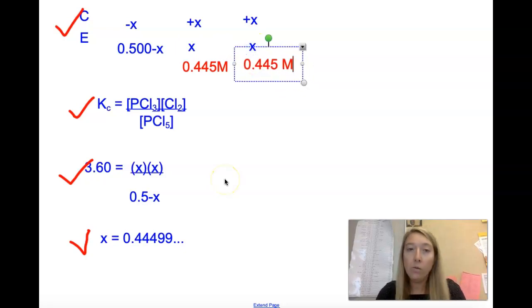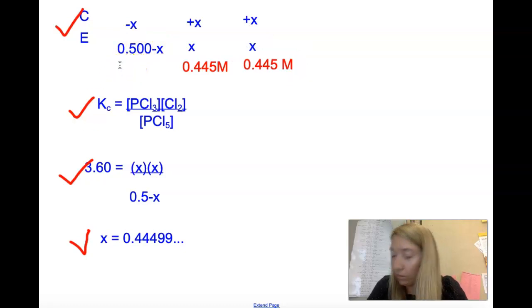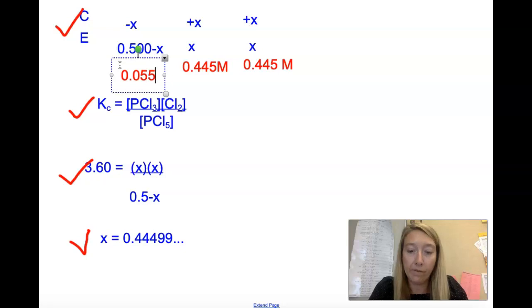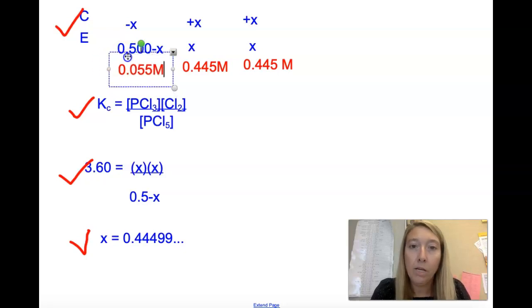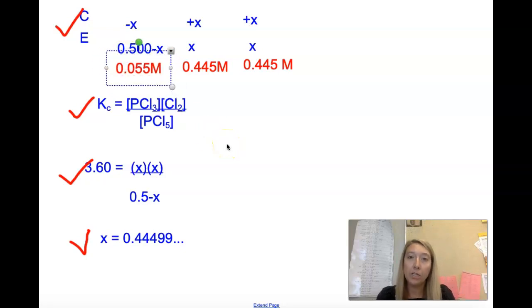And then for the other one, we're going to do 0.5 minus 0.44499, and then all those other numbers that come back. Because this is a subtraction, we get to have 3 numbers after the decimal place, so we get 0.055.